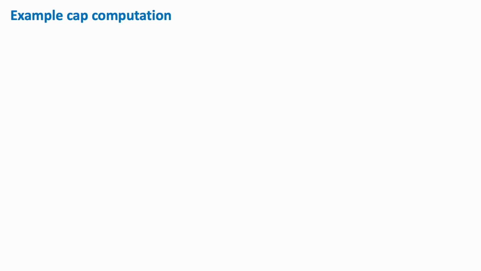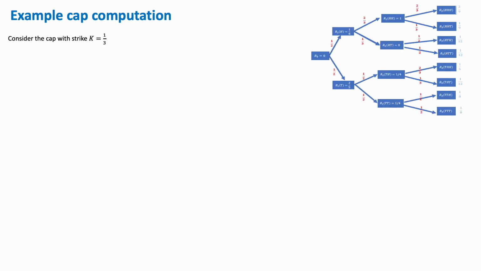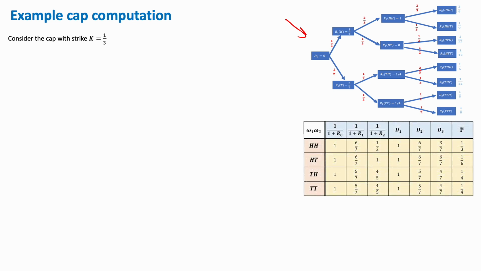So let's look at an example of pricing a cap. Here we're considering a cap with a strike price of K equal to 1/3. We're working inside the binomial interest rate tree that we had before, that we used to price the zero coupon bonds and swaps up to now.